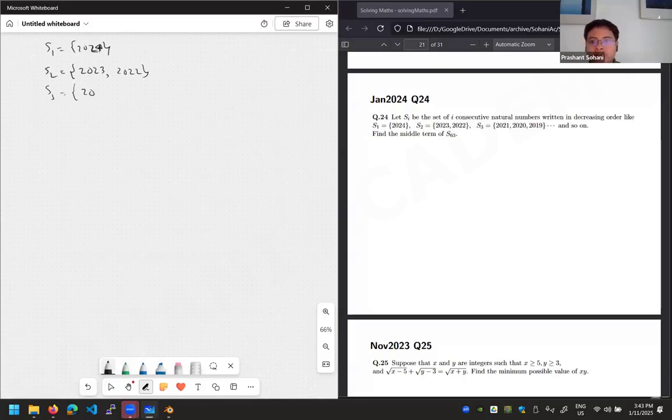But now the numbers are decreasing, and so on. And they are asking us to find the middle term of S63. So S63 will have how many? 63 elements, correct?